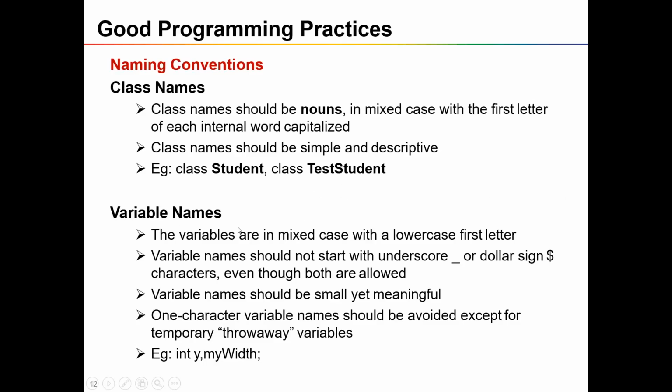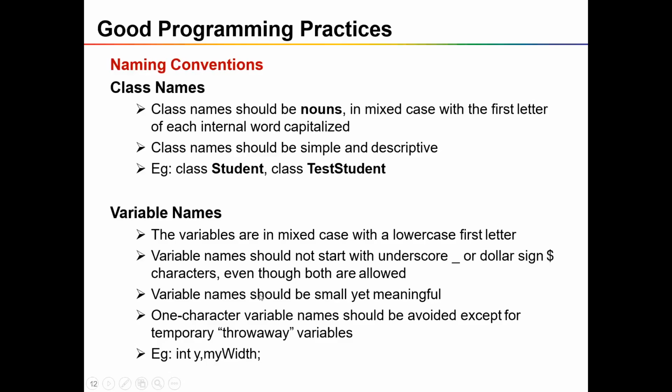Then for choosing the variable names are mixed with lowercase first letter. For example, the variable name is my width. It should start with lowercase. The second word should be, the first letter of the second word should be uppercase.